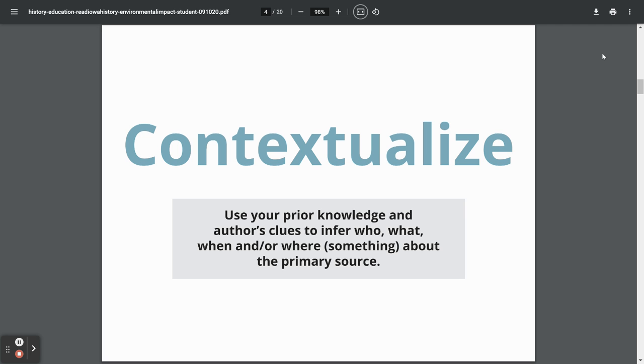This is a time where sometimes the author or the publisher, creator, doesn't always give us all the details we need to really understand what's going on. So we need to use what they are able to give us and what we already know or what we can find out about that time or that event, and put those pieces together to really understand what the source is trying to help us with.